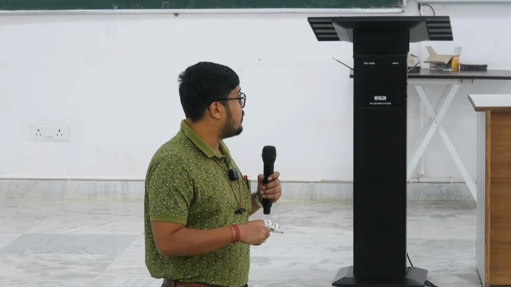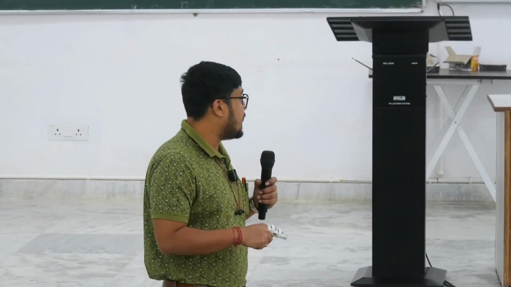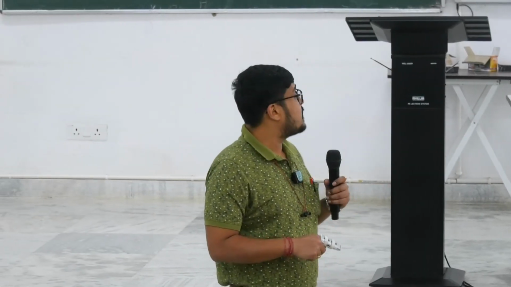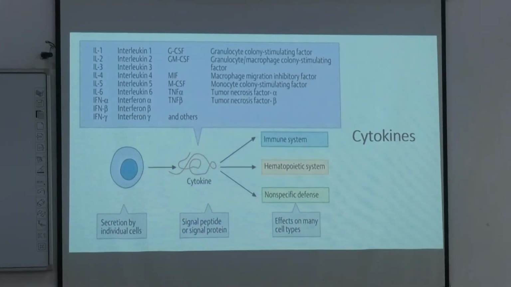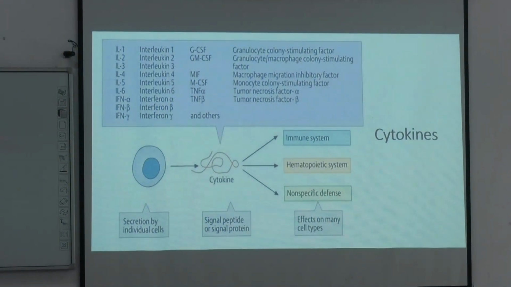So what are the functions of interleukin? They are secreted by individual cells, namely leukocytes or macrophages. The cytokine initiates signal protein transduction, and has non-specific effects on various cell types. So cytokines are the perfect example of a chemical chain reaction.